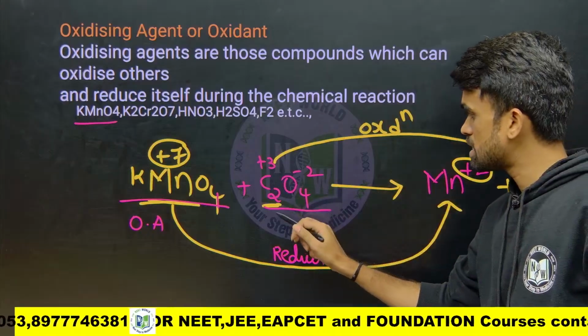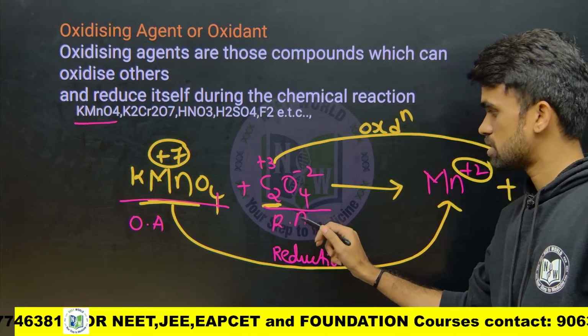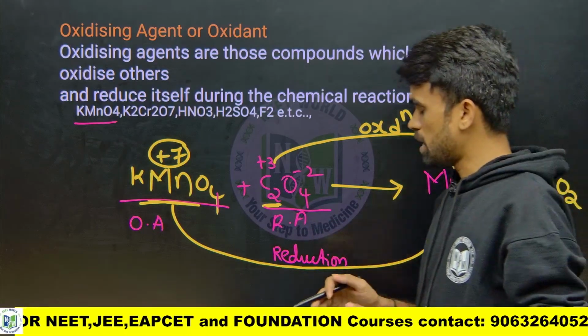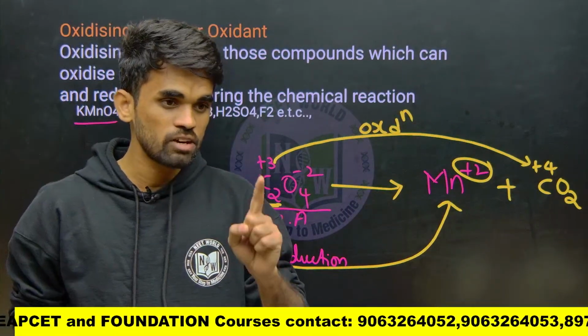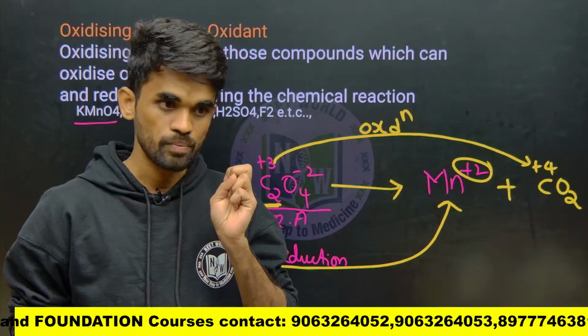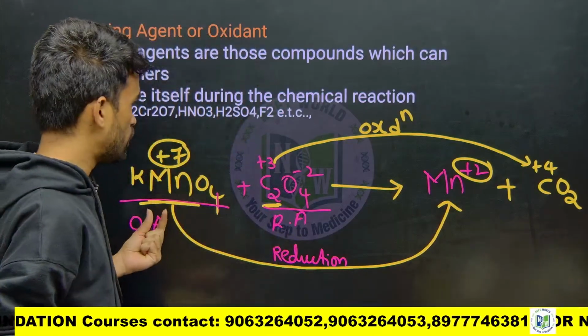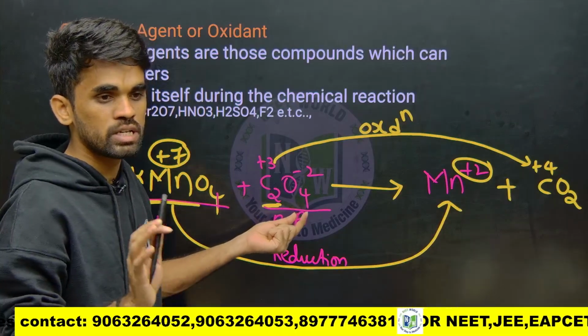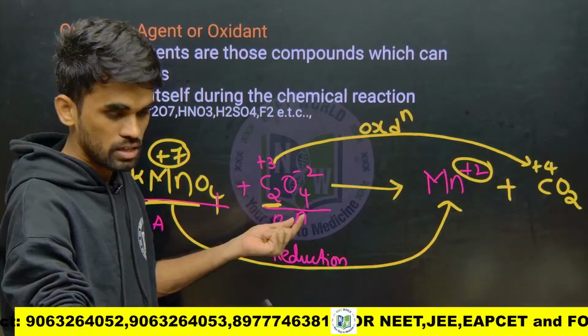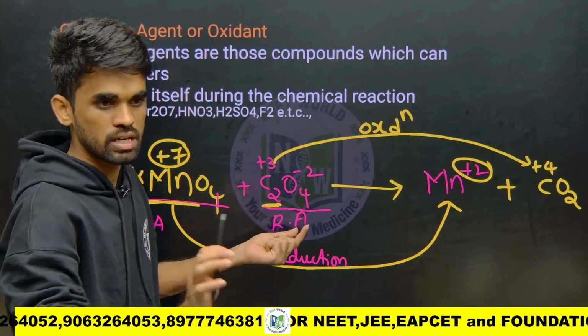So can I say this is the reducing agent? Yes. So in a redox reaction there will be one oxidizing agent and one reducing agent. The species which reduces others and oxidizes itself is called the reducing agent. Reduces others means it is an agent which is reducing others.